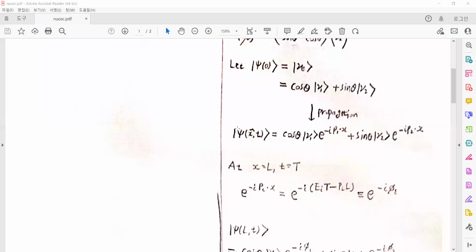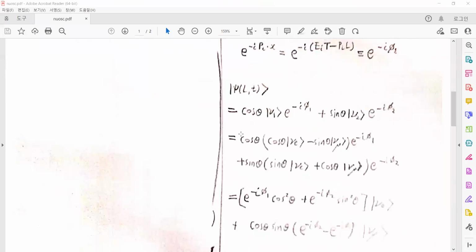So we calculate this state at the distance L at time t. Then it can be represented like that, with mass eigenstates, mixing matrix components, and time evolution factors with the phi's.